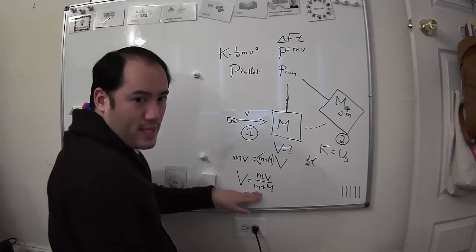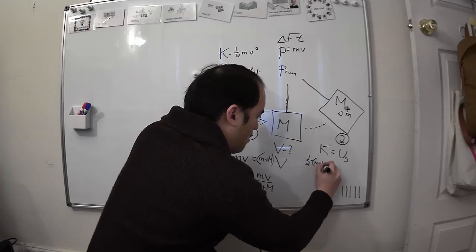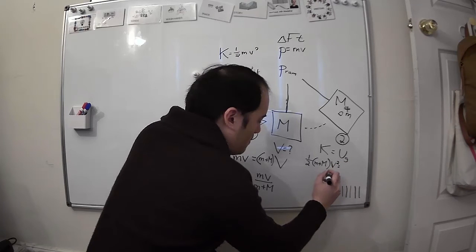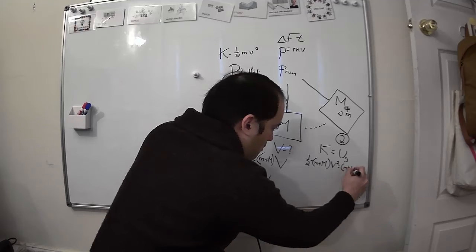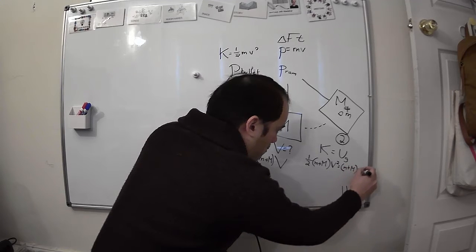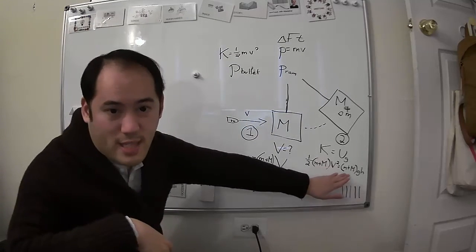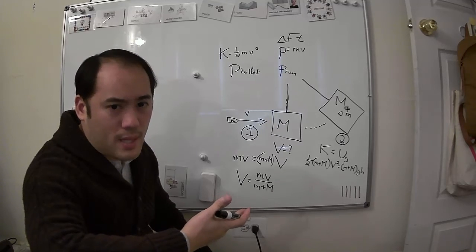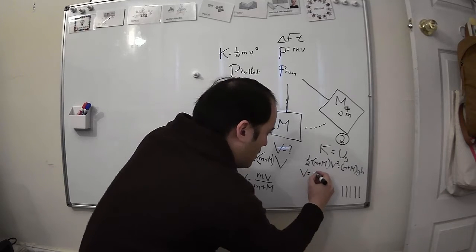Remember, now the mass is the combined mass. And the masses, that second mass cancel that. We still have this first mass. So, yeah. Big V is root 2GH.